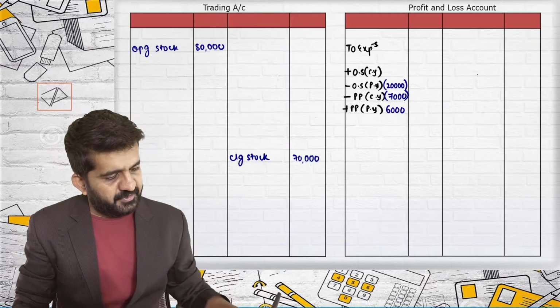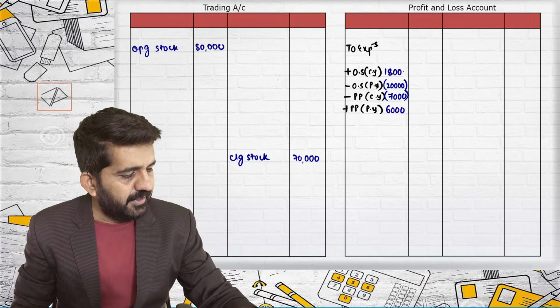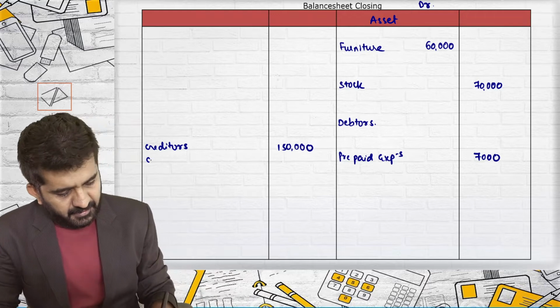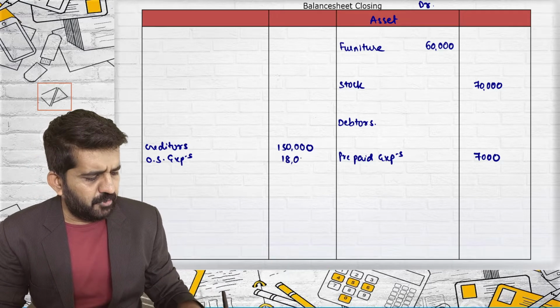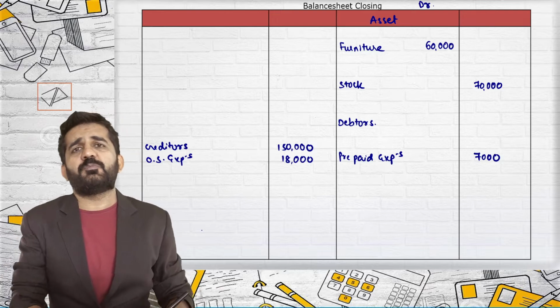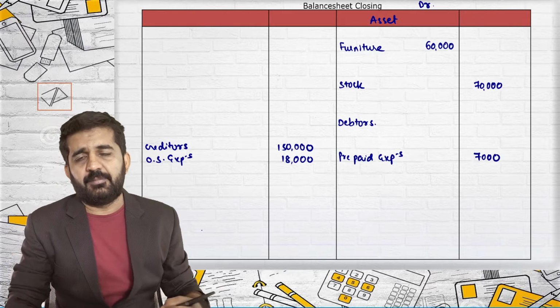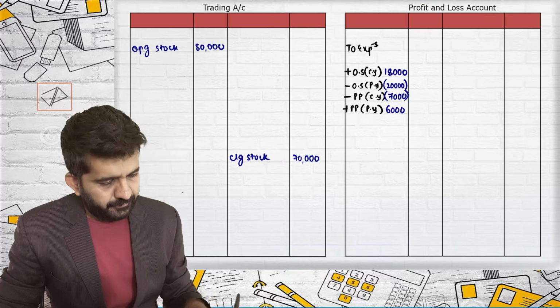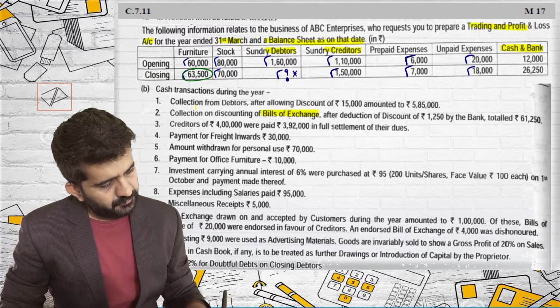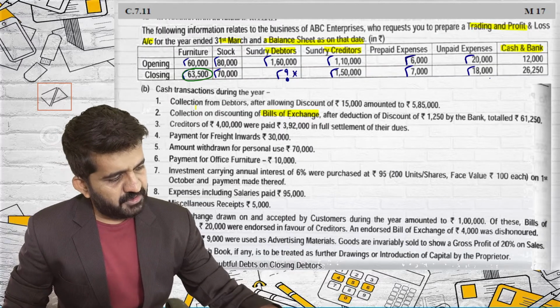Outstanding of the current year is 18,000. Outstanding is my liability. Outstanding expenses 18,000. In the normal journal entry of outstanding expenses, in the P&L account it is added on the debit side, and it is an outstanding liability in the closing balance sheet. So even this is done.